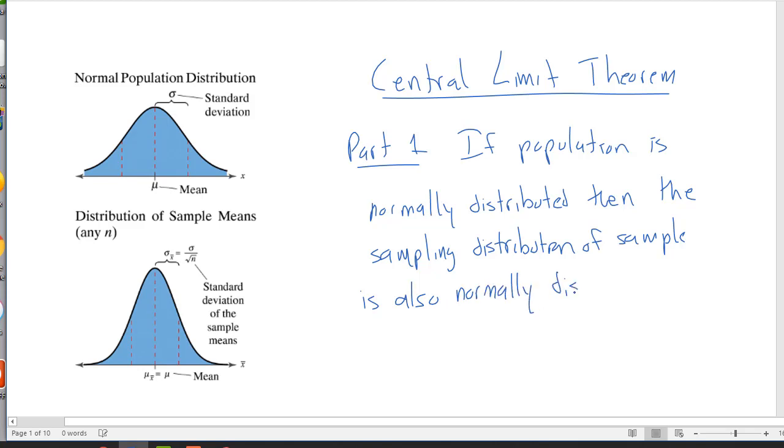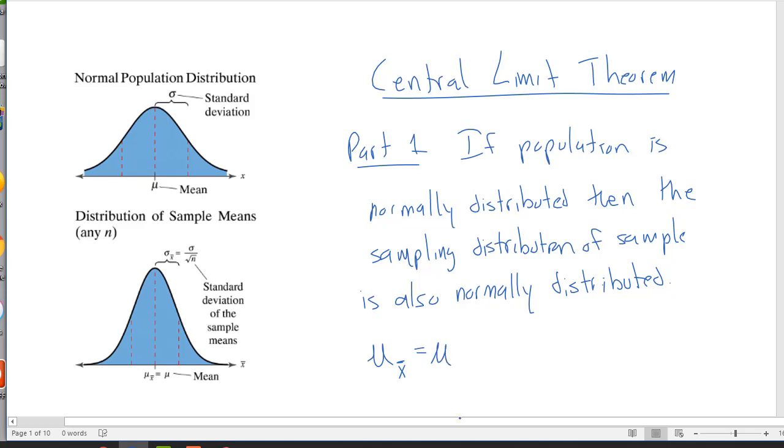Now, the central limit theorem goes on to further state the relationship. We can see it over here in symbols, and I'm going to write it over here. This says that the mean of the distribution of sample means is going to equal the mean of the population.